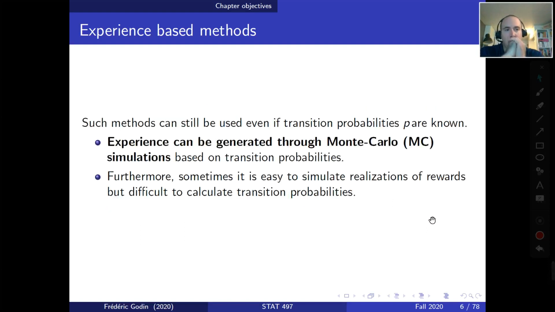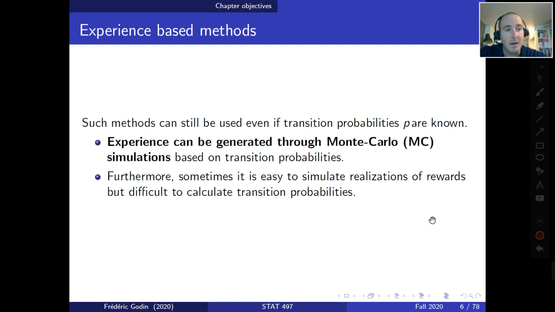A quick note here: the methods we're going to introduce work in a context where P is unknown, but even for problems where P is known, they can still be useful. Why is that the case?